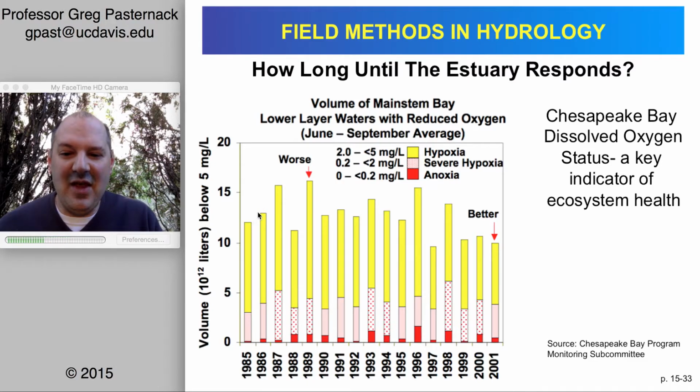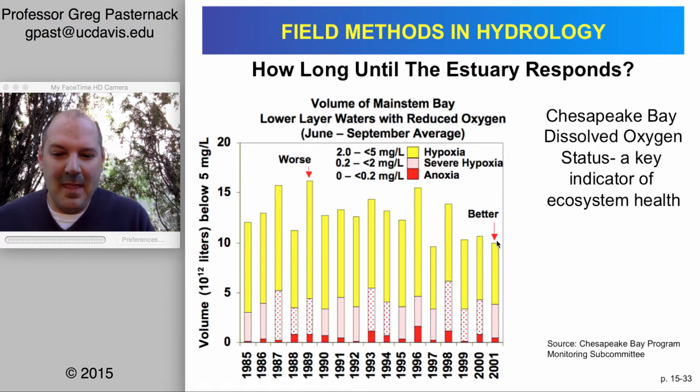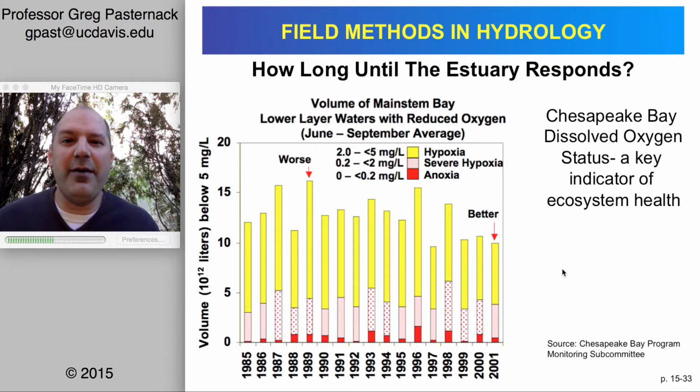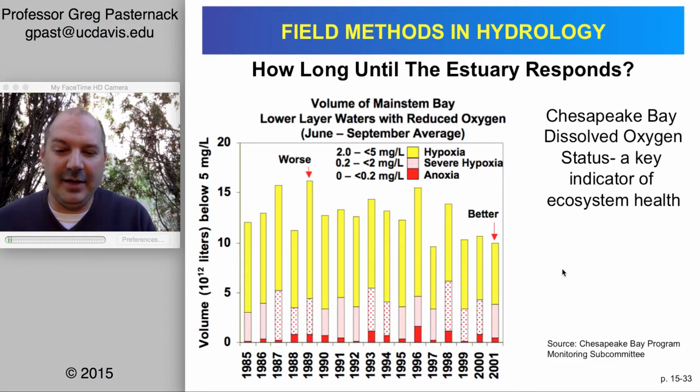And you can see that it varies from, let's see, the lowest here, about 10 times 10 to the 12th liters up to about 16 times 10 to the 12th. And so the bigger this is, the worse it is, the smaller it is, the better. But you can see that from 1985 to present, there's no systematic trend as a result of instituting the Chesapeake Bay Program. However, very good quality monitoring.